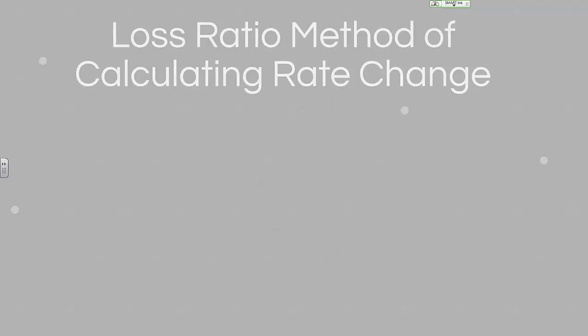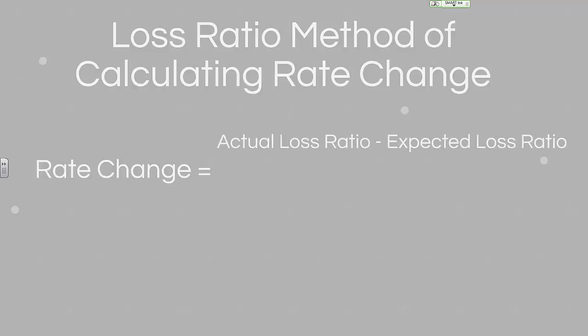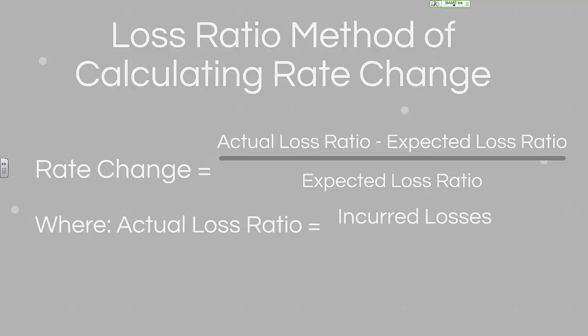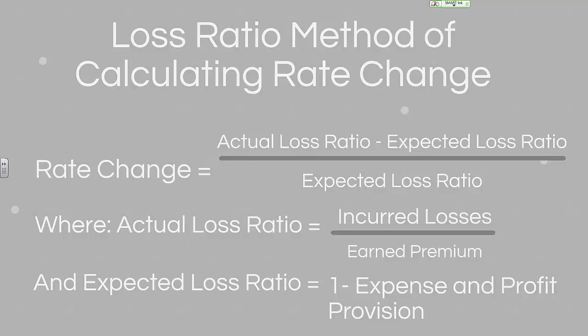Now let's look at the loss ratio method of calculating the rate change. So this will calculate not the rate itself, but the appropriate change. This is the actual loss ratio minus the expected loss ratio divided by the expected loss ratio. The actual loss ratio is incurred losses divided by earned premium, and the expected loss ratio is 1 minus the expense and profit provision.